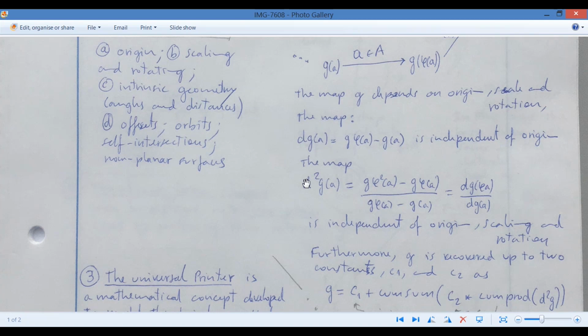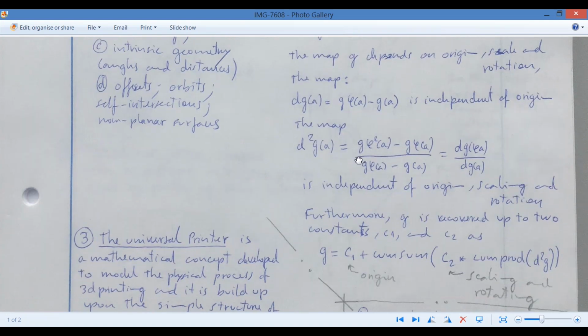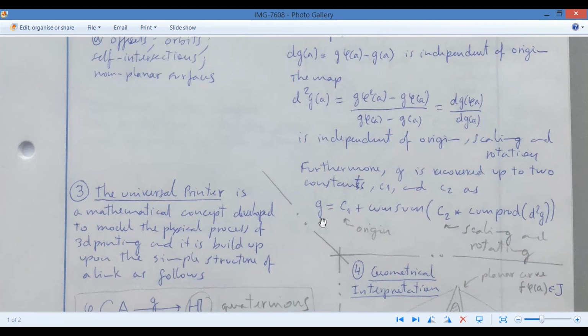Having only this second differential operator, we can recover the original geometry up to two constants. It's like you differentiate twice and then you integrate and you get two constants of integration. The formula is a discrete formula. There are no integrals here, right? It's just sums and products because it's always finite.